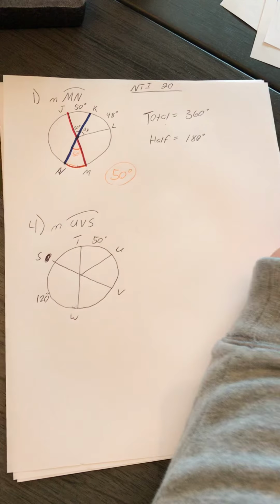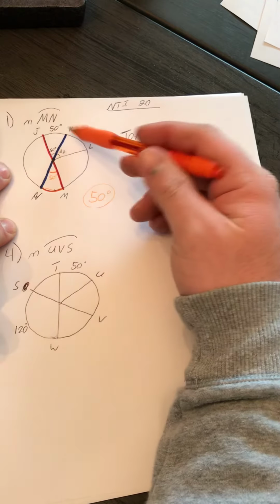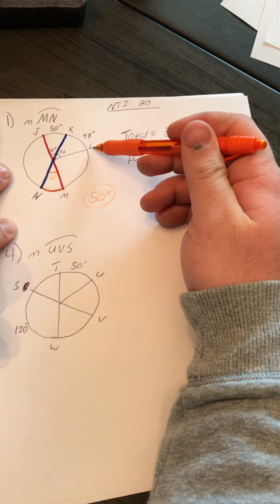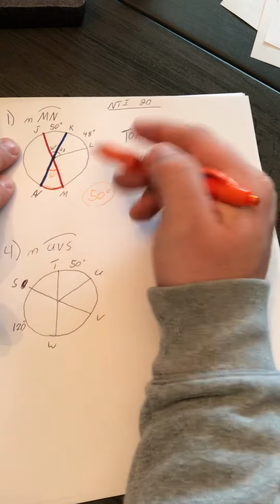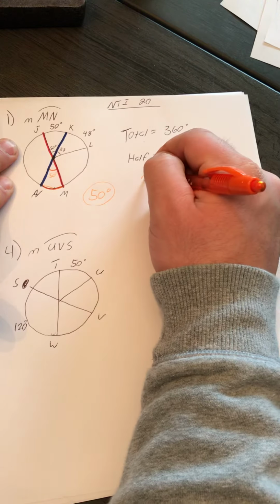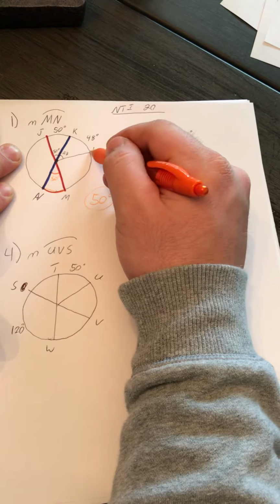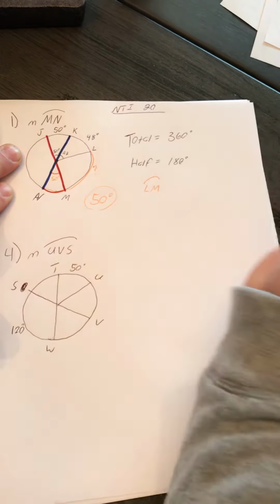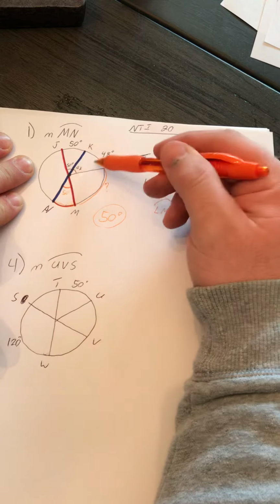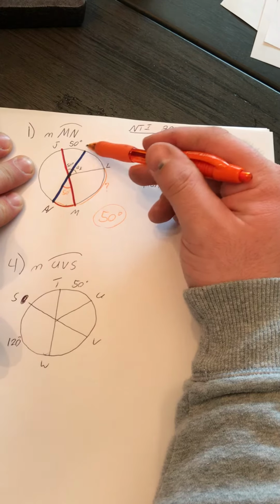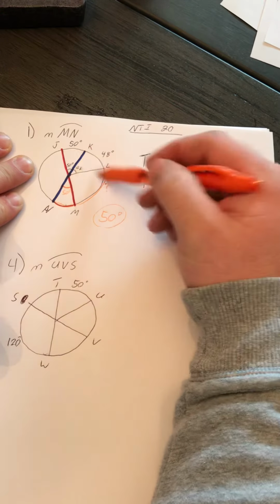Now let's do the same problem. These are problems off your actual NTI, by the way. Let's pretend it asks for the arc length of LM. This one looks like it's part of this half circle. So on this side of the line, all these have to add up to 180 degrees.